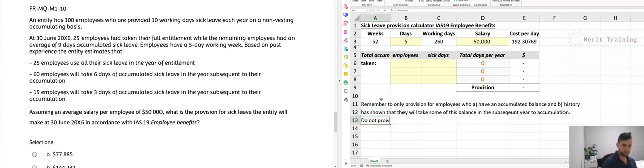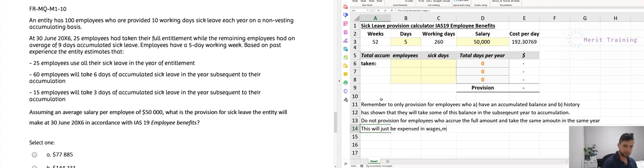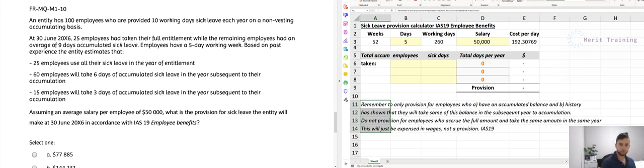Do not provision for employees who accrue the full amount and take the same amount in the same year. This will just be expensed in wages, not a provision. Okay, that's just to add some commentary to it. I'll make this smaller as well.